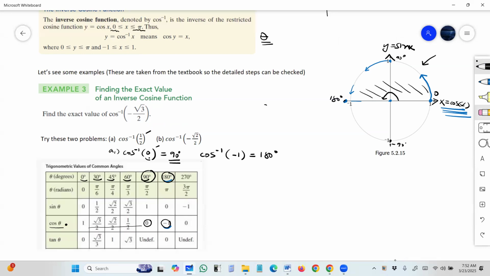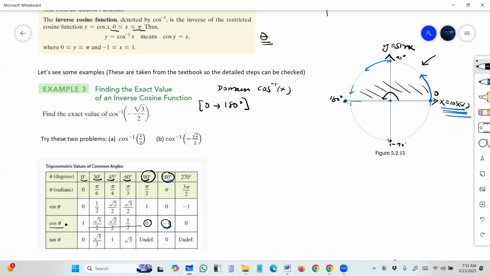Now, for the negative values, we have to be a little bit more careful, because the domain of the inverse cosine ranges, as I said before, from 0 to 180 degrees in this upper part.